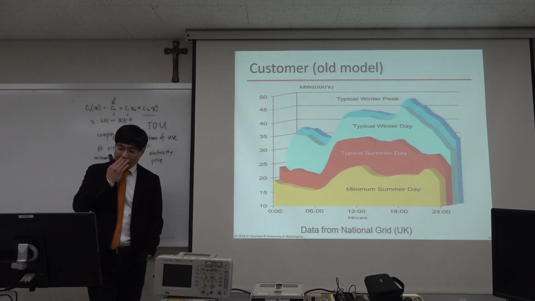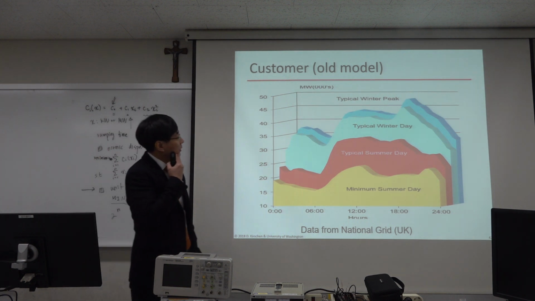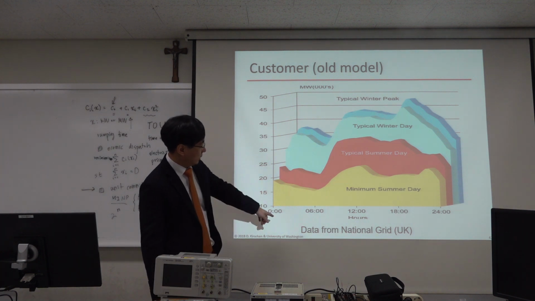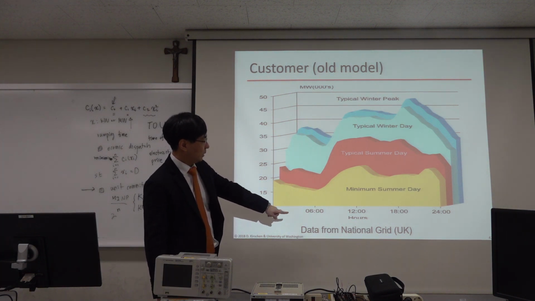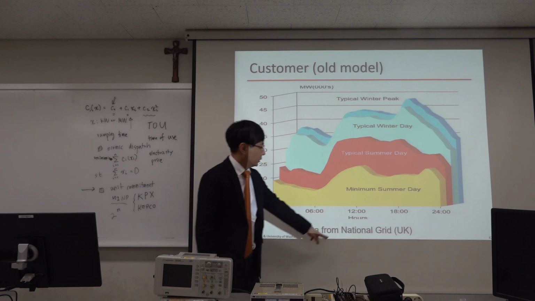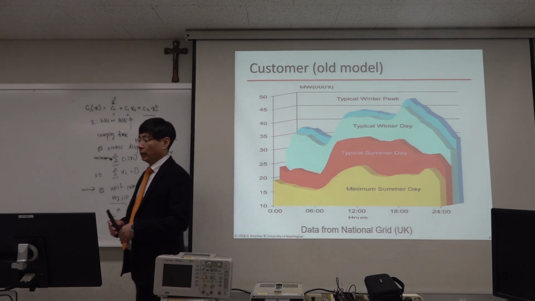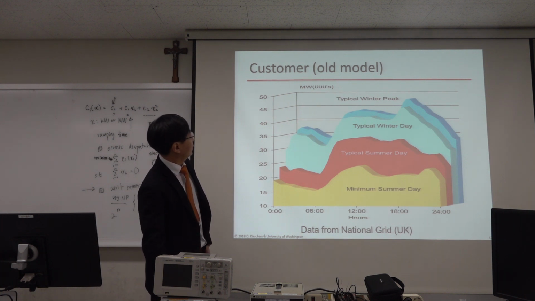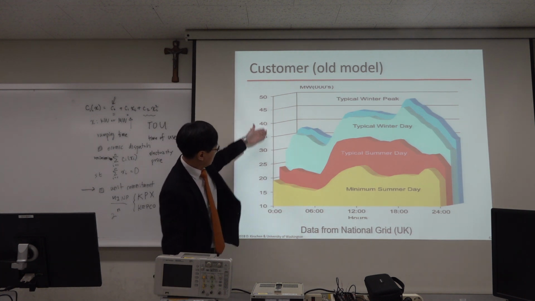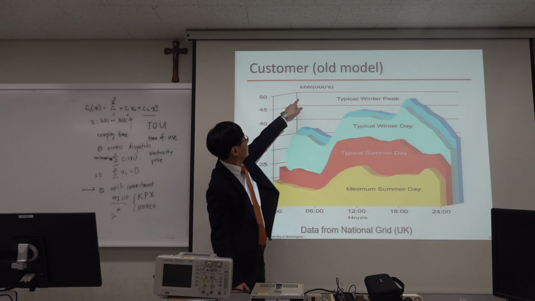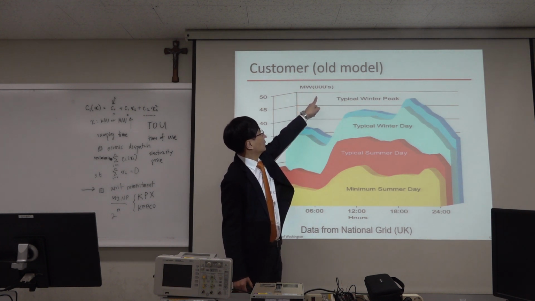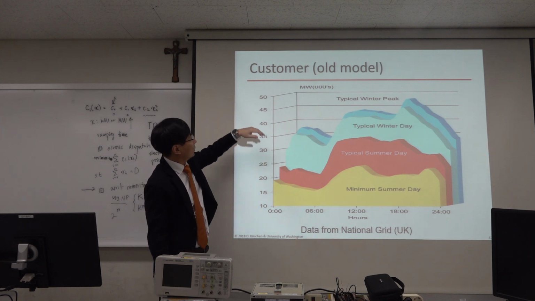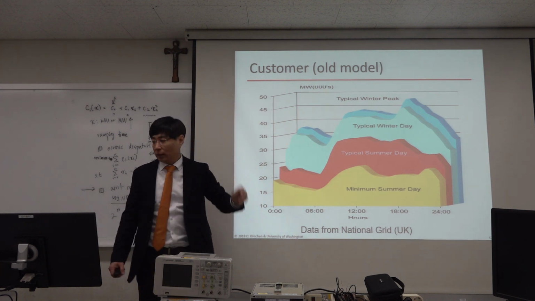So, let's see the customer, the load case. This is from National Grid data. National Grid is a utility company in the UK and the US. And actually, the y-axis unit is 1,000 of megawatt, or gigawatt. So the peak load is just 50 gigawatt.